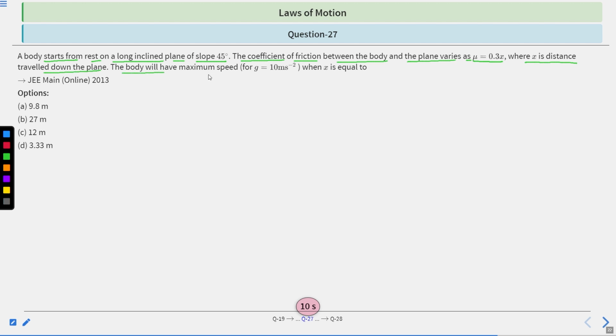The body will have maximum speed when x is equal to what? This is a JEE Main 2013 question, and the given options are A 9.8 meter, B 27 meter, C 12 meter, and D 3.33 meter. Which one is correct? You have 10 seconds to solve this question. After that we will provide the solution.